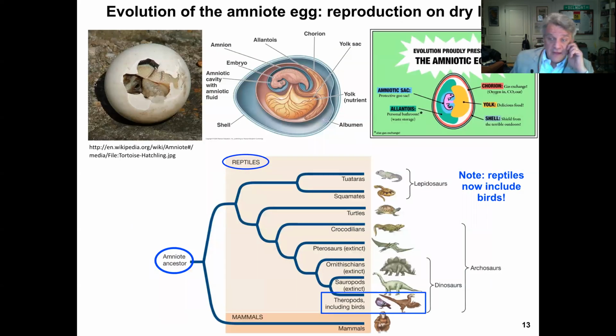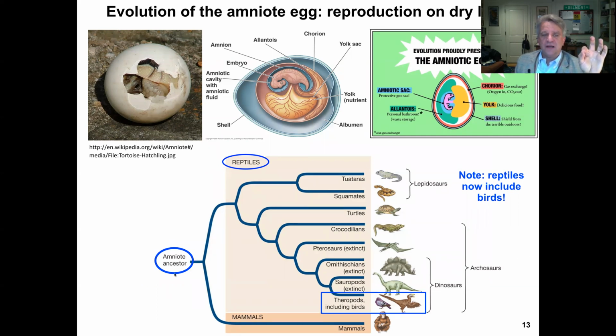Now, a big innovation in the evolution of tetrapods was the origin of the amniotic egg, which allows reproduction in terrestrial habitats without relying on water.